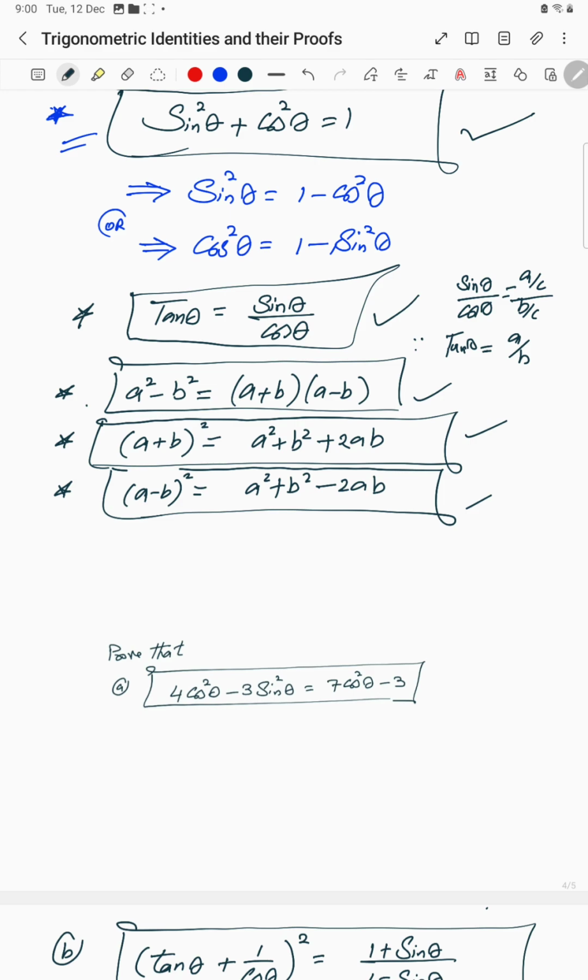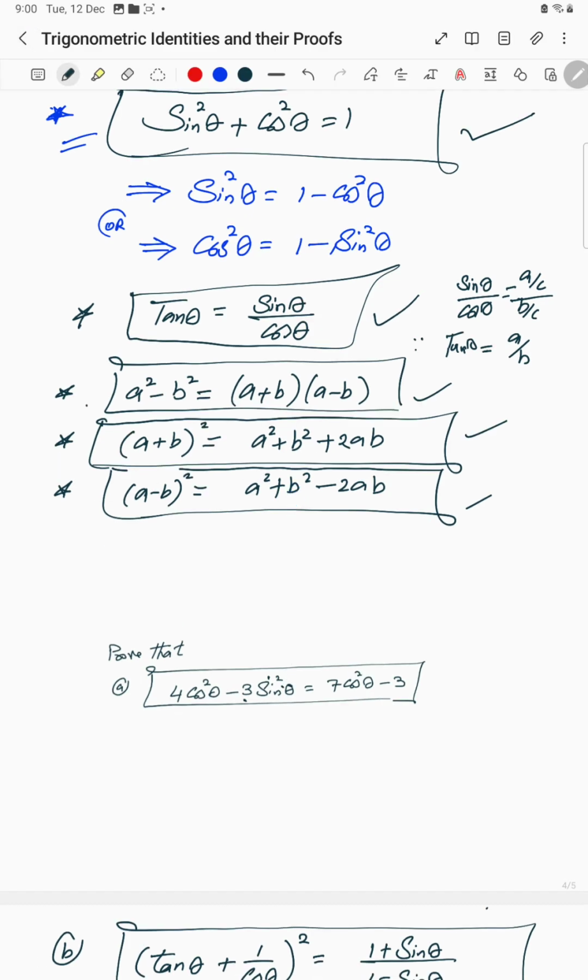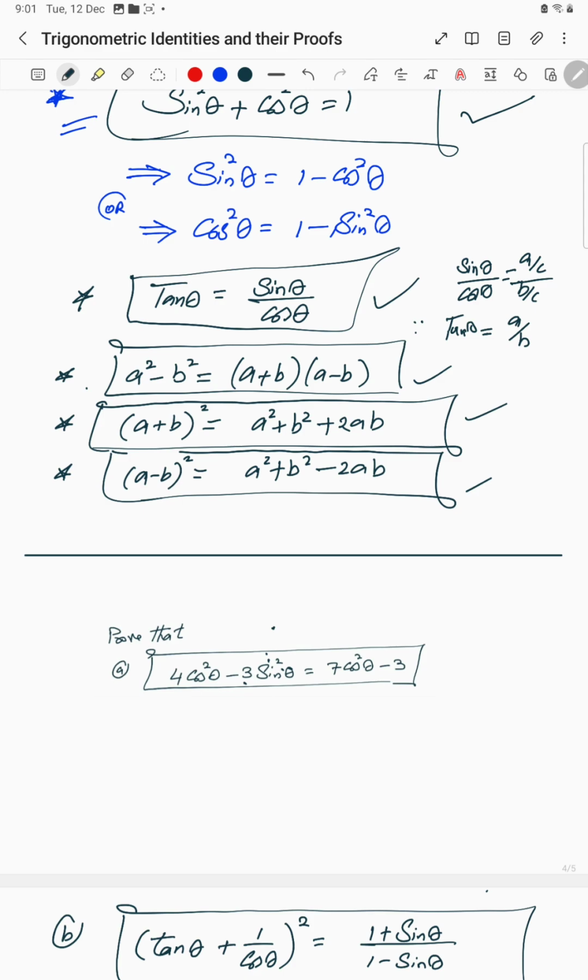Let's see how. Take an example of a question. I wrote it here. Let's prove this question. Prove that 4 cos square theta minus 3 sine square theta is equal to 7 cos square theta.